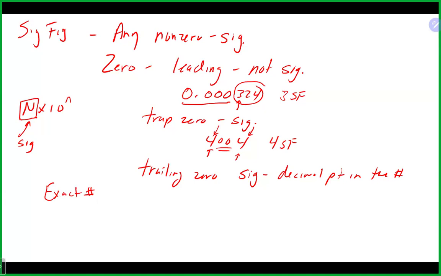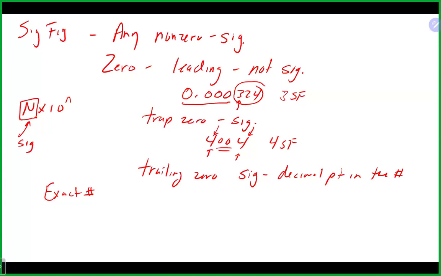The other one are definitions. And as we saw, there's a few definitions that are considered exact numbers. And those are pretty much any equality or conversion that is an English to English conversion, or a metric to metric conversion. Those are going to be considered exact numbers.